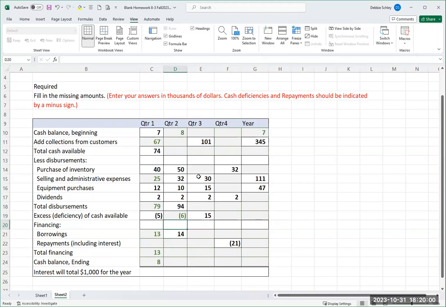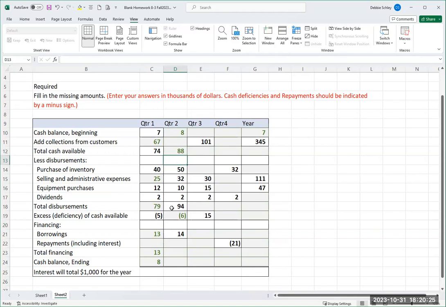Okay. So if I know that my total disbursements were 94 and I had to borrow 6,000, that means my total cash available is 6,000 less than what I dispersed.